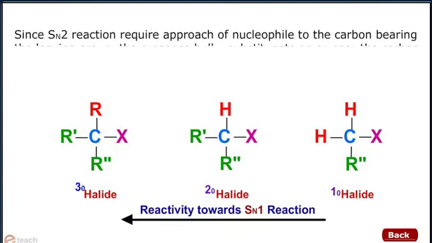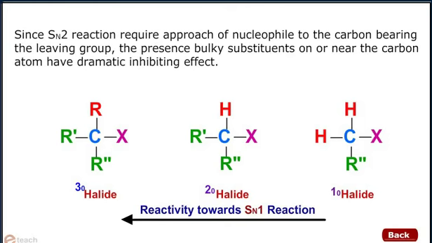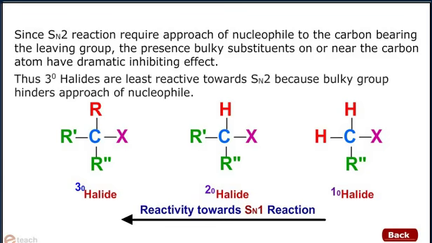Since SN2 reaction requires approach of the nucleophile to the carbon bearing the leaving group, the presence of bulky substituents on or near the carbon atom has a dramatic inhibiting effect. Thus, 3-degree halides are least reactive towards SN2 because bulky groups hinder approach of the nucleophile.